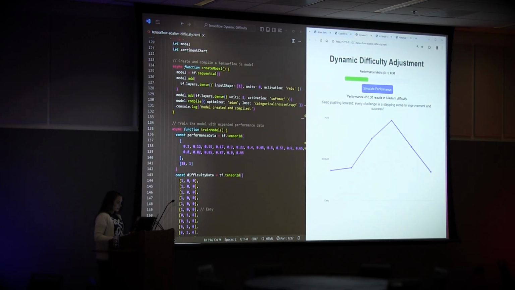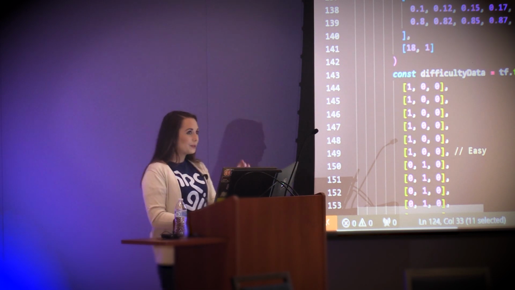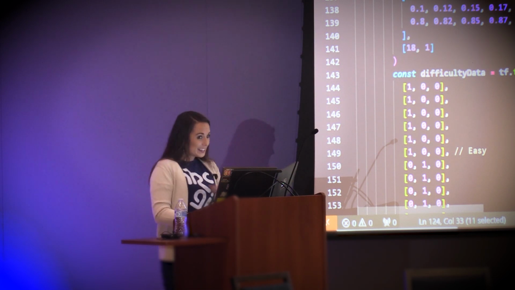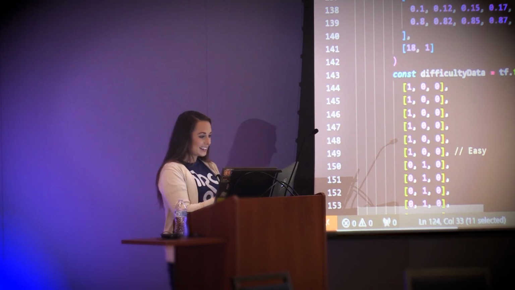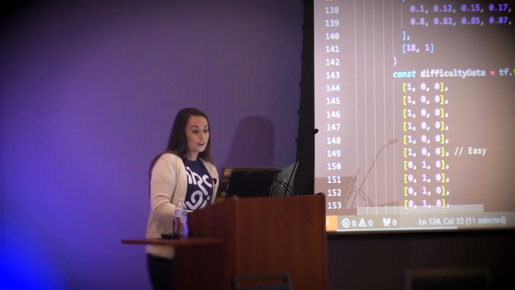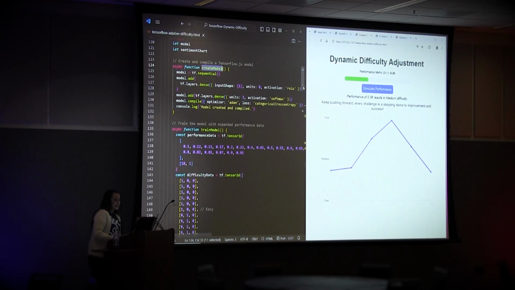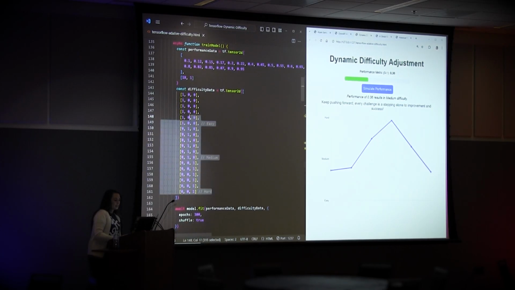Okay, so I'm gonna explain a little bit of this code real quick. Okay. All right, so the function create model, this initializes a simple neural network using TensorFlow. And it has layers that process player performance data to classify the difficulty as easy, medium, or hard is what I've set it to. And you can actually see that with all of this difficulty data here that's been given to it.